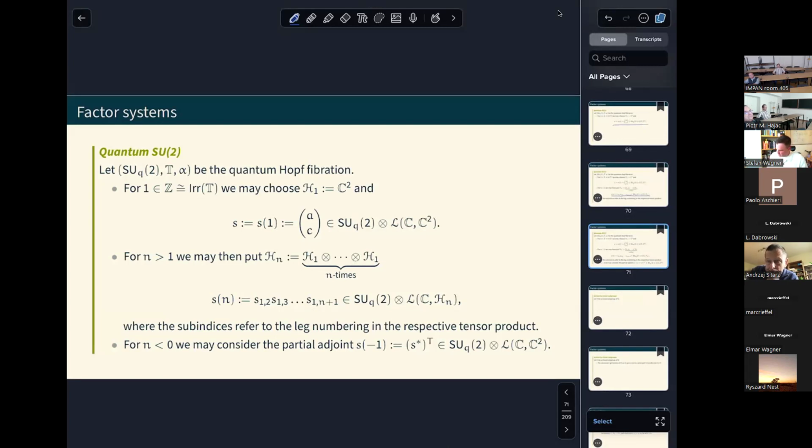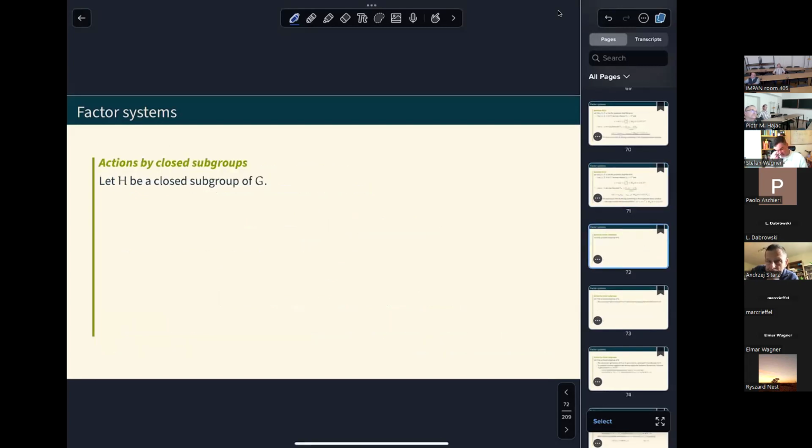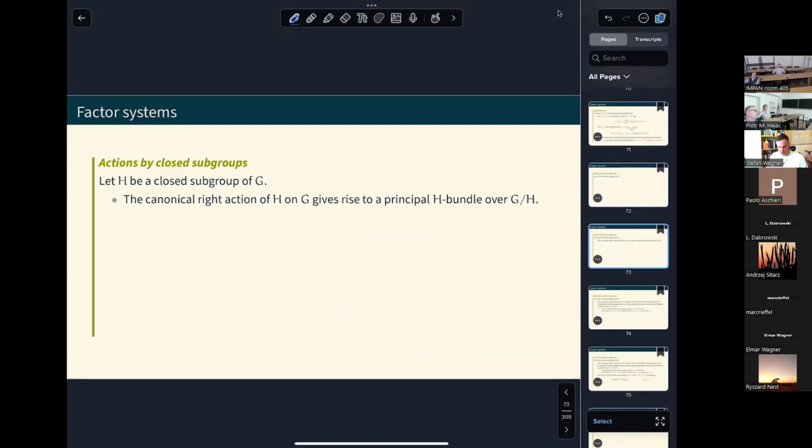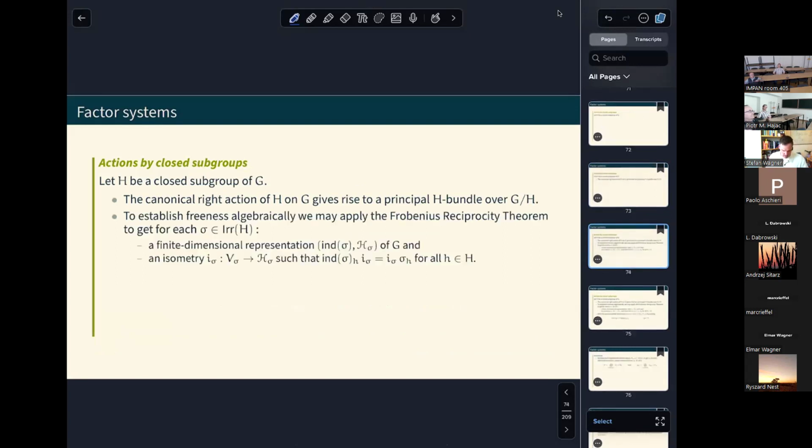Now we go back to the classical case. Let's say you have a closed subgroup H of G, and then of course the canonical right action gives you a principal bundle over the quotient. Now you would like to establish freeness algebraically, in terms of these isometries.